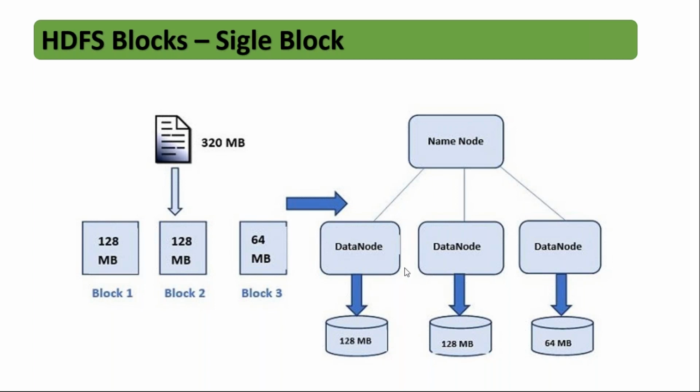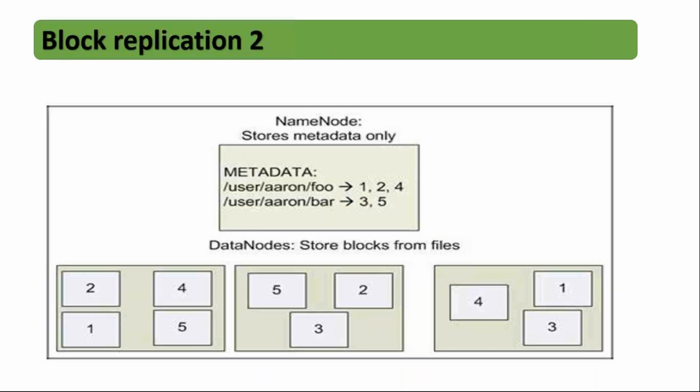Now we also understood how to overcome failure of a data node, by introducing the concept called replication, which we have already discussed. Block replication 2 means each block is repeated twice. Here, in 3 data nodes, there are 10 blocks if you repeat 5 blocks 2 times. Those 10 blocks are distributed to 3 data nodes, and you run the algorithm against those blocks.